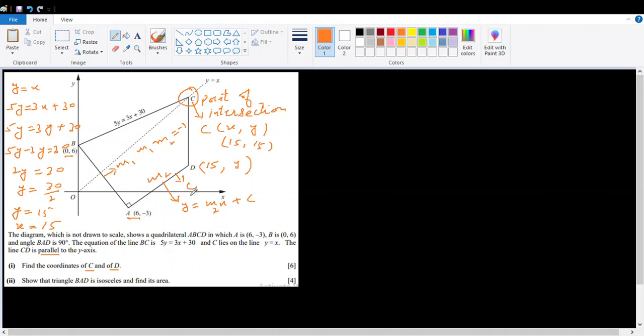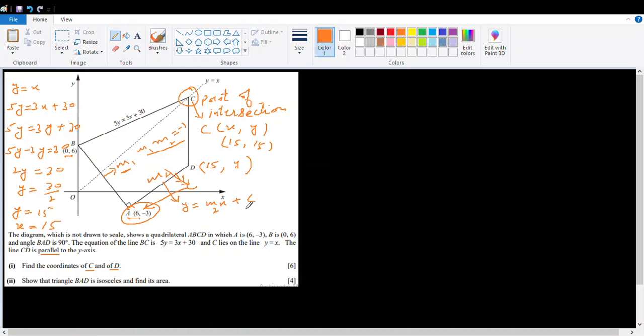For finding the value of c, we have this point and we will have the value of m2. Whenever we are supposed to find the y-intercept, we need one point and the gradient. The gradient we will have by using this formula. First we will find m1, then we will get m2, and to find c we will use point A, because it lies on this line AD.